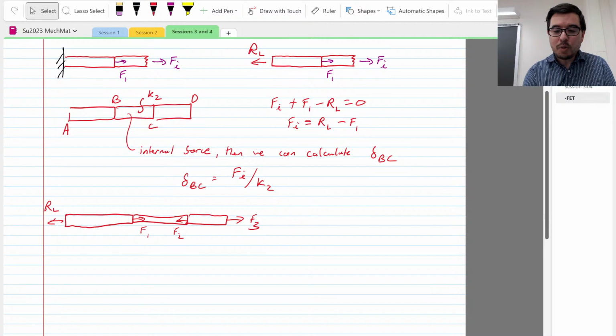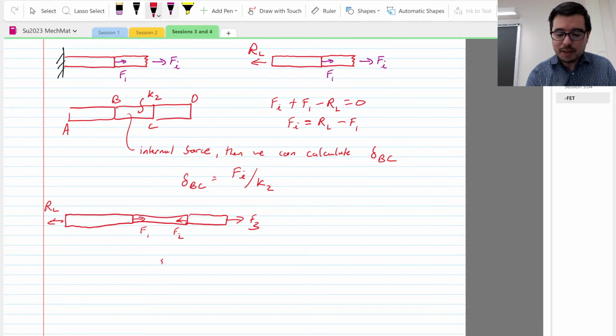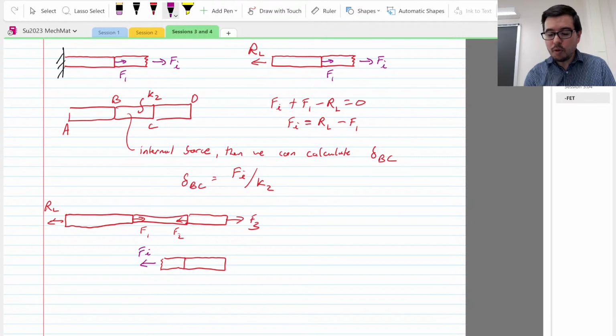All right, so who said it? Mark said it. The simpler way to do this problem is to say that this internal force is going to be related to F2 and F3.